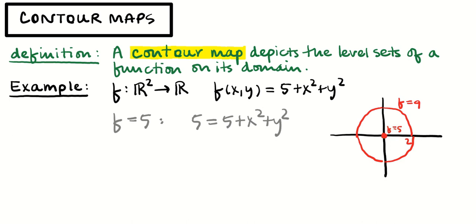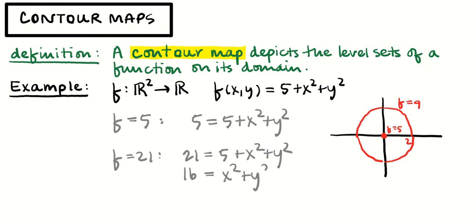Then what about, what do I want? I think 21. So if I had f equals 21, sure, there might have been another number closer that would have made sense, but I'm going to have 21 equaling 5 plus x squared plus y squared, leaving me with x squared plus y squared equals 16.